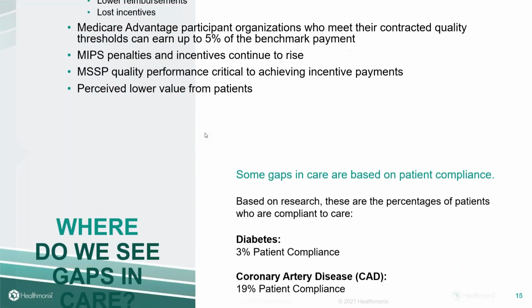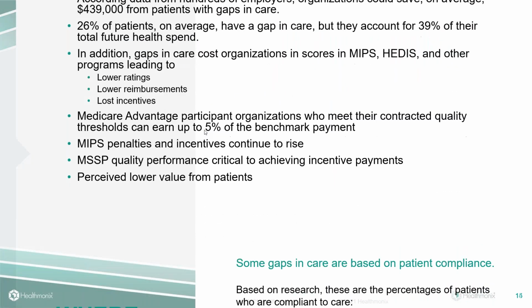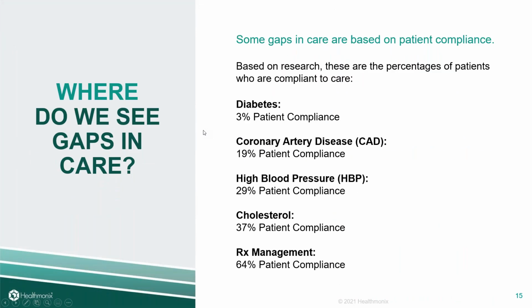There was also, I think, I just saw a study, I think in Health Affairs, that talked about how a lot of these gaps in care result in ratings, and the ratings result in star ratings that are published, and patients will pay, I think I saw an average of $2,000 additional to go to an orthopedic surgeon that has one more star than another one, as long as that provider is within their geographic area. So there are benefits in terms of engaging patients as well.